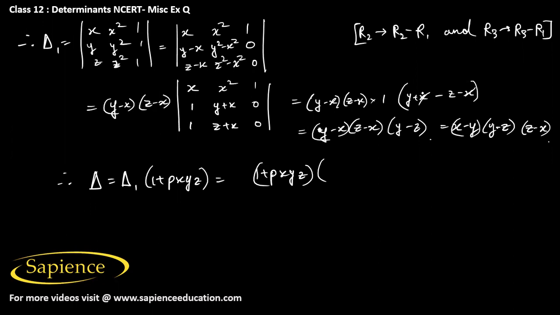Sorry, this will be first plus, this will be minus here. So since it will be (z + x) minus of (y + x), okay, so this will be z − y. So this will be into (x − y) into (y − z) into (z − x), which is equal to the right hand side. So hence proved. So hope you have understood. Thank you.